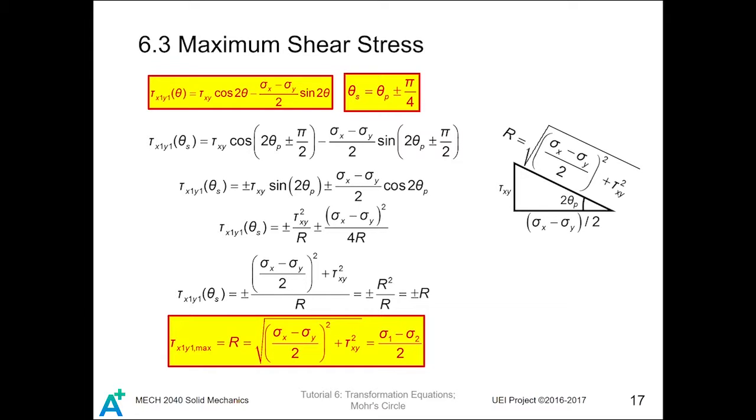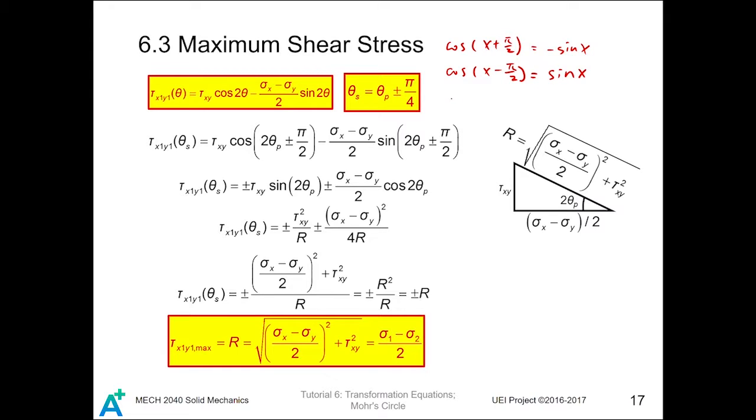Still, this is theta p, okay? All things are very similar, except we add pi/2 after the 2 theta p term, such that we can find the maximum shear stress. Still, remember that cosine (x plus pi/2) equals minus sine x. Cosine (x minus pi/2) equals sine x.